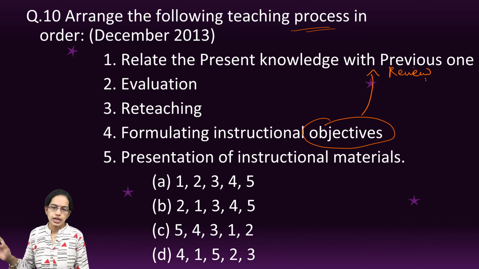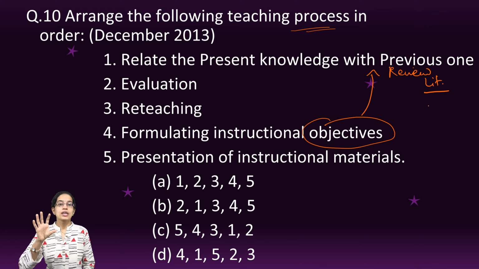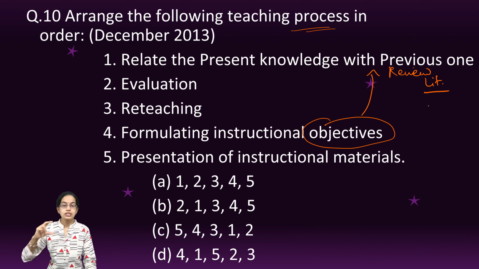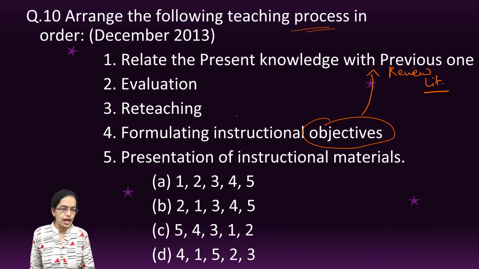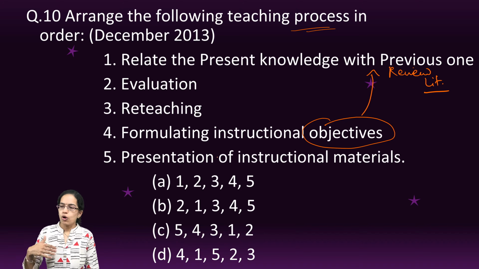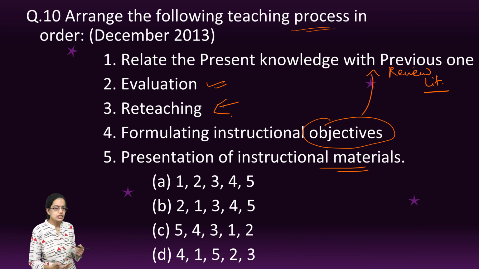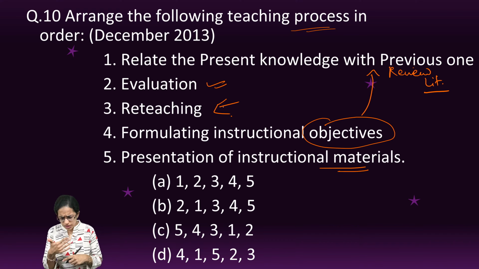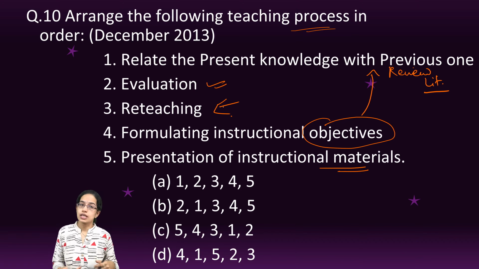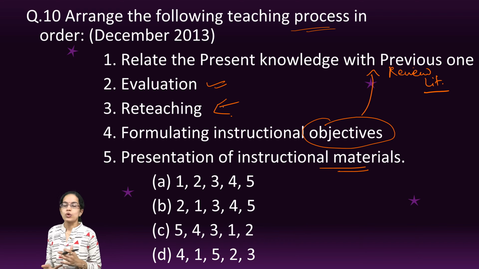You would say, okay, in the previous sources this was there, now there are these loopholes that are present in this study, so I'll proceed further and understand the concepts. So there would be an understanding of the concepts, then the presentation of the material, followed by an evaluation by the faculty, and if required there could be reteaching if the student has not learned it properly. There would be explanation of the same concept again and again. So that is what is reteaching.